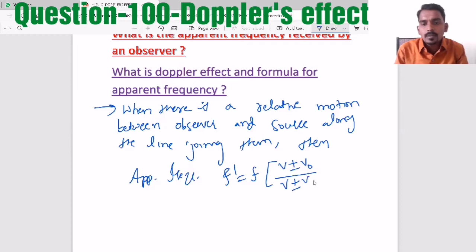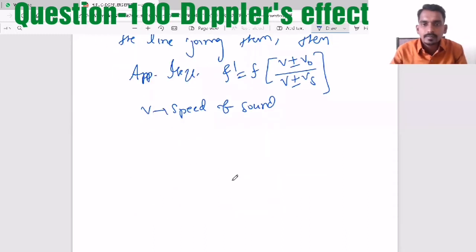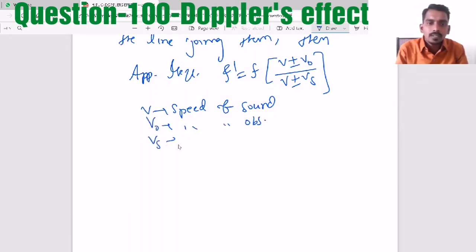by v plus or minus vs, where v is the speed of sound and v naught is the speed of observer, Vs is the speed of source.